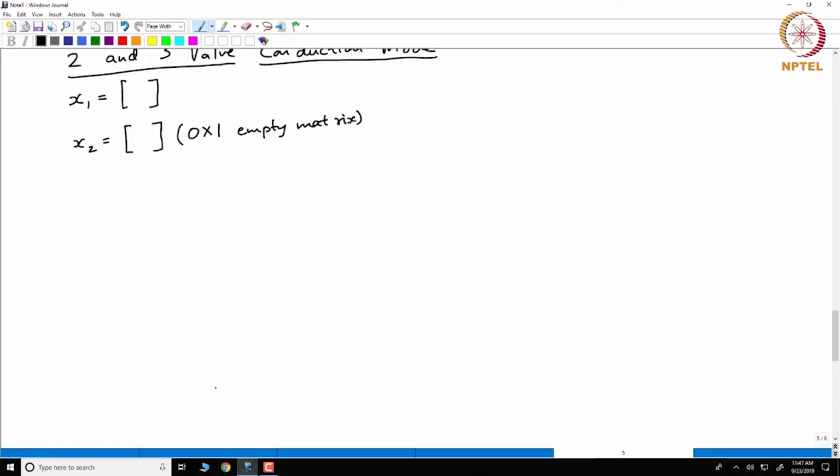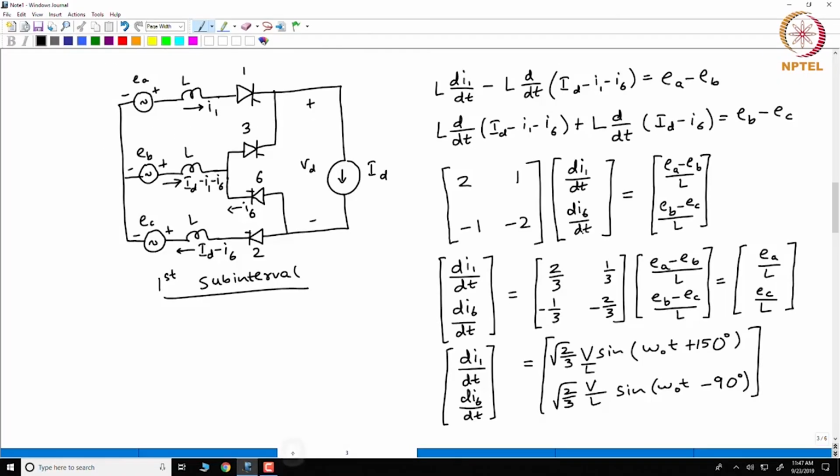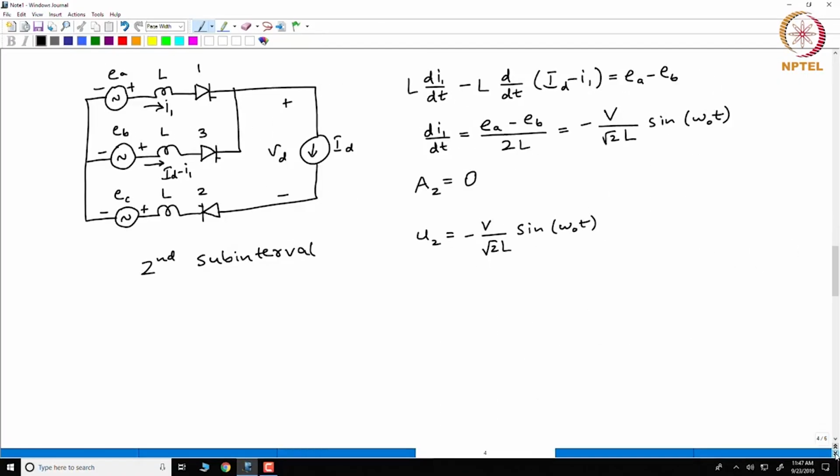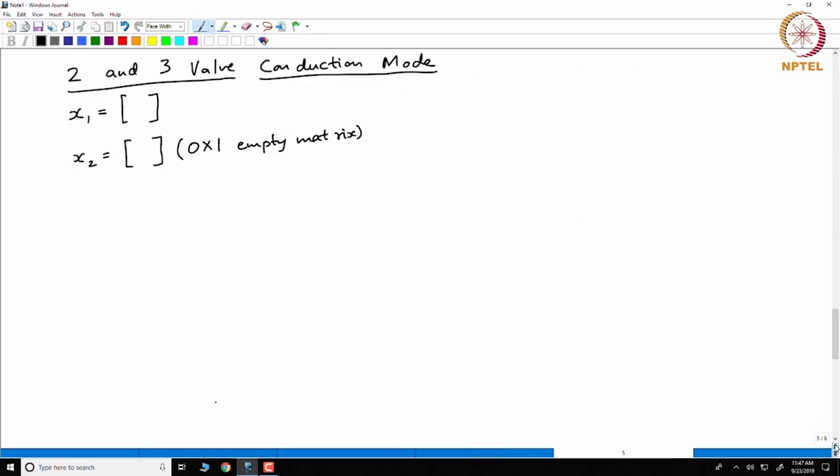What about x1? What can be the element of x1? I1. x1 is just I1. Then what about A1?